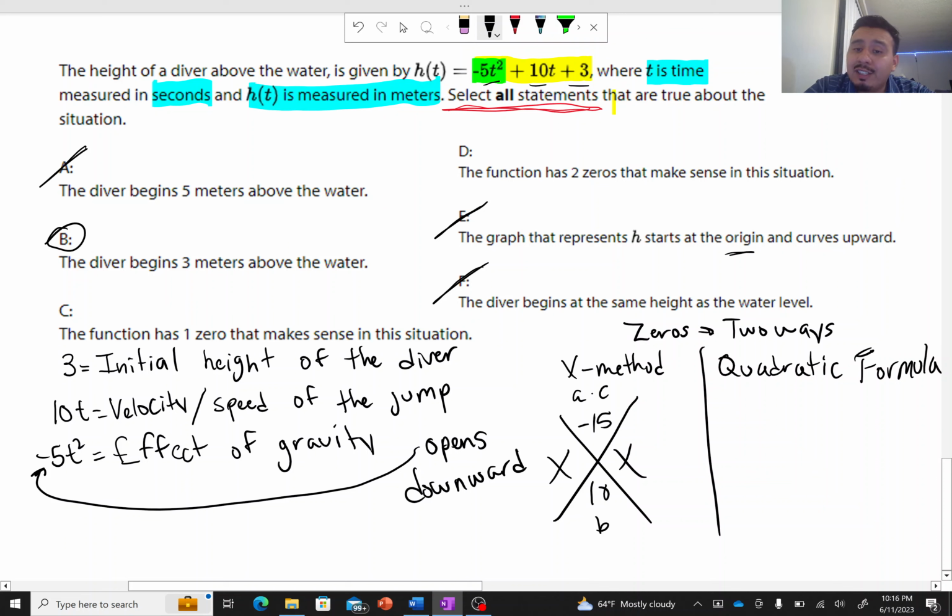I'm going to go ahead and let you know that this problem has two zeros. When you use the quadratic formula, you should get two answers. One should be like x is equal to 2.98 something.